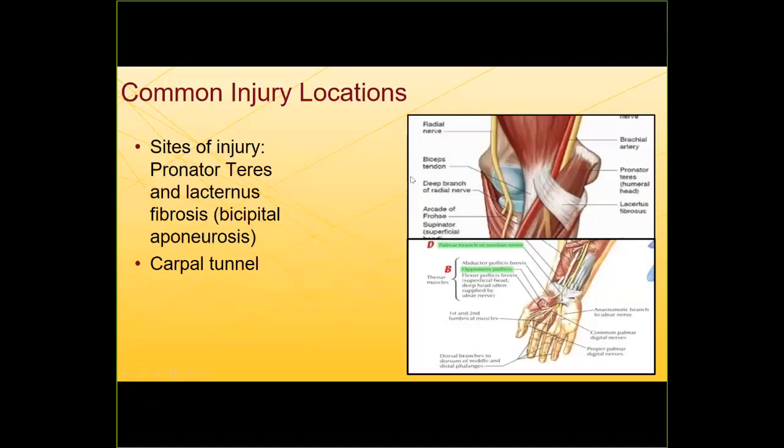Motor function to the thenar muscles is going to be impaired when the median nerve is not doing its work after it crosses the carpal tunnel.